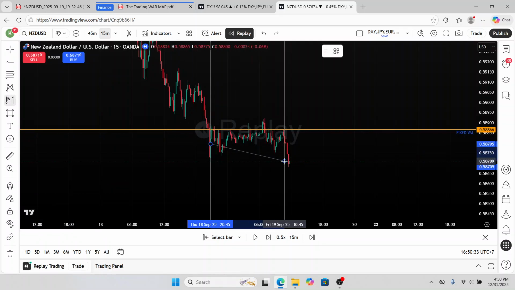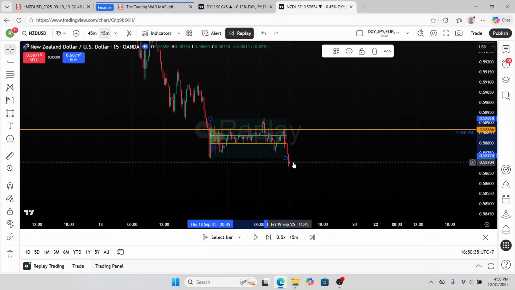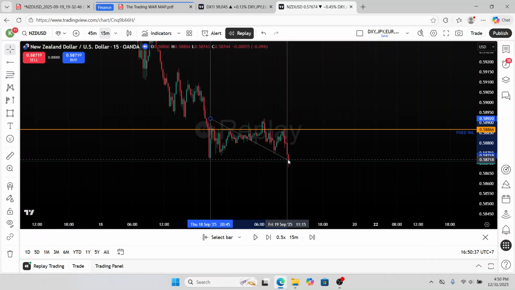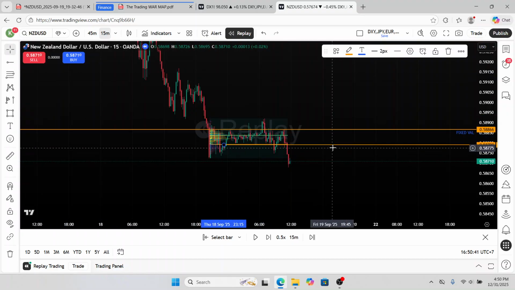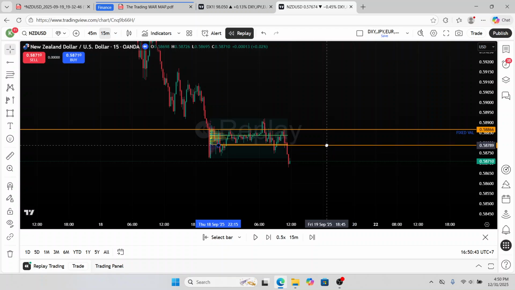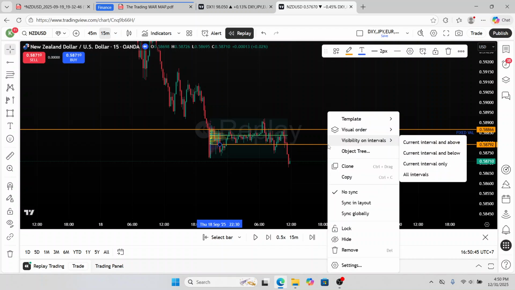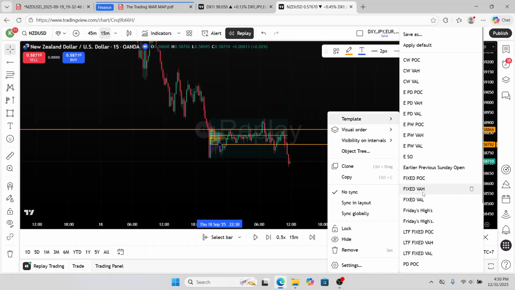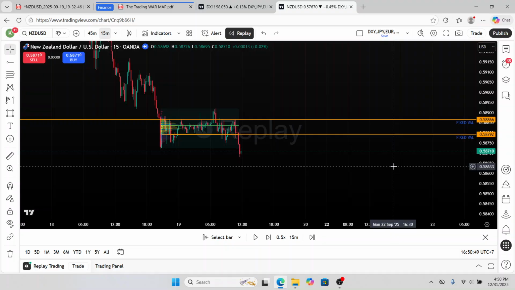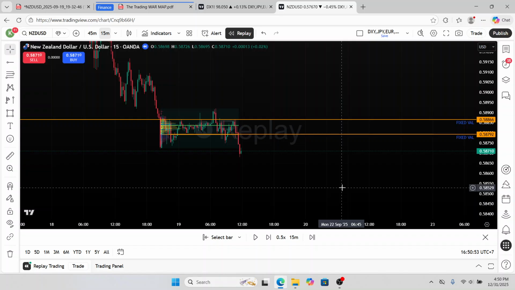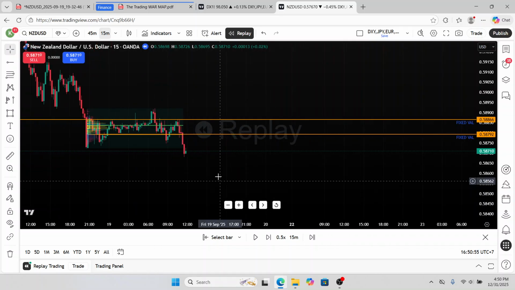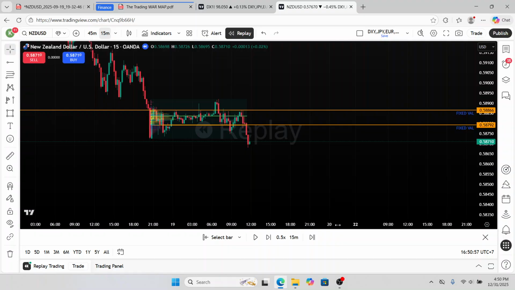Now if you can see this here, we have a fixed value area low here, and that is the mystery solved about why there are two fixed value area lows. So I hope that's clear. Now I'll just want to make this as clear as possible.